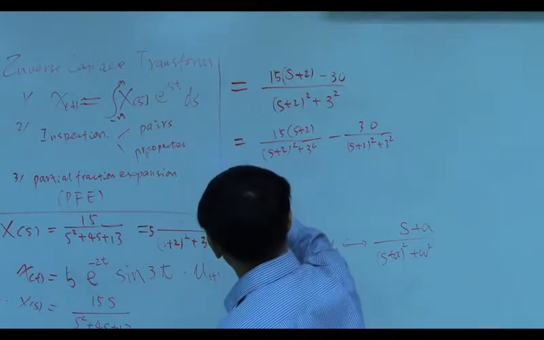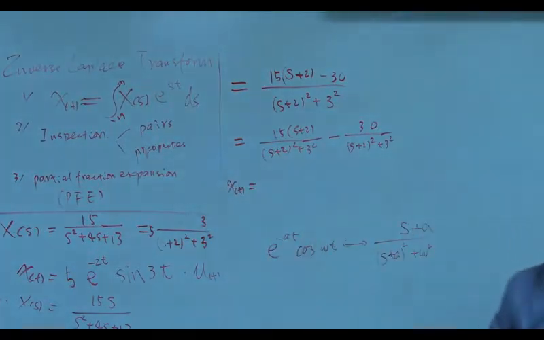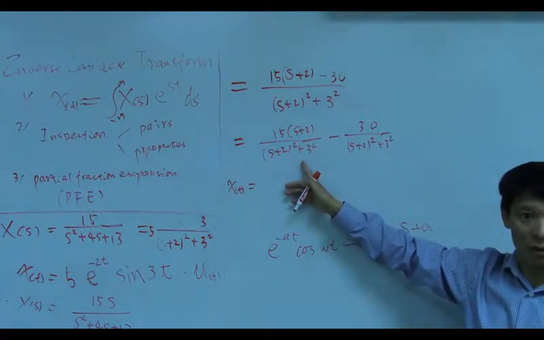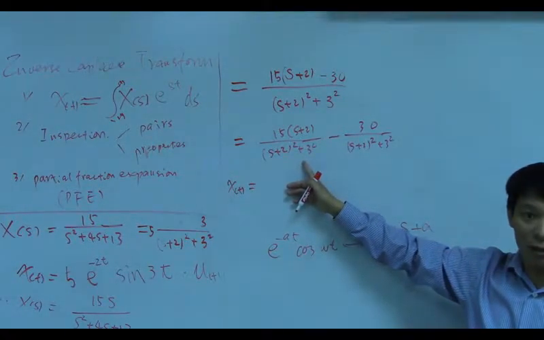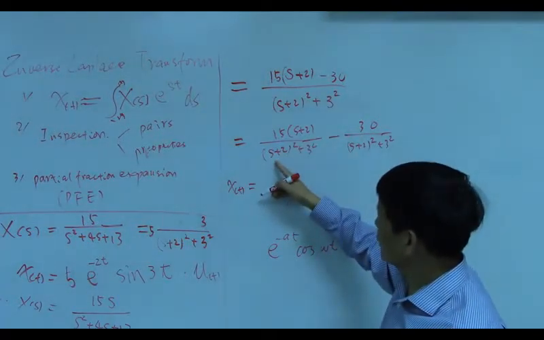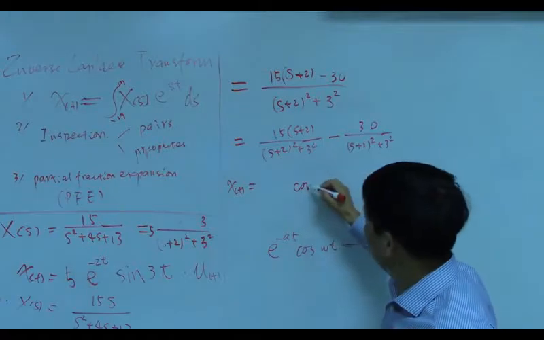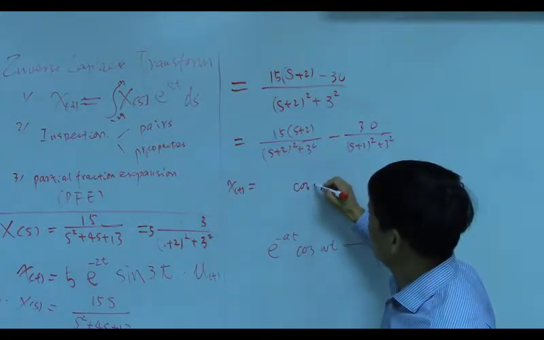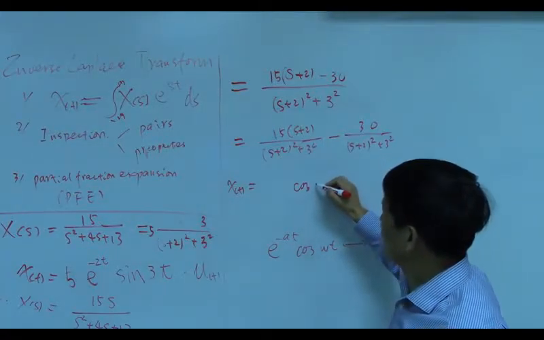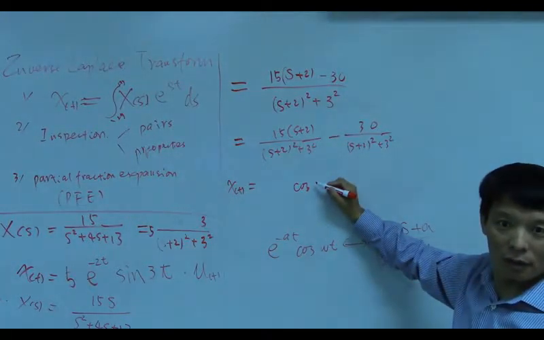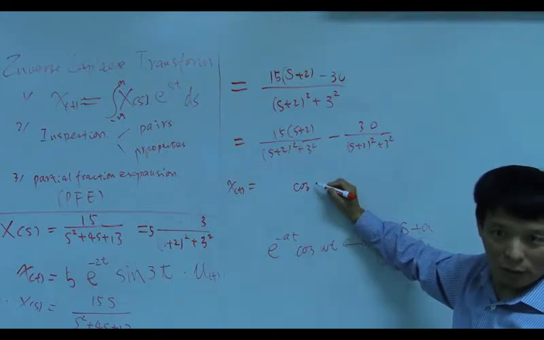All right, now look at this. x(t) will be equal to, we consider the first term first. What is it? What function is this? It's like 15 times... that is the cosine function, right? Again, we consider this one as just s squared plus 3 squared, so that will be a cosine of omega t. What is omega?